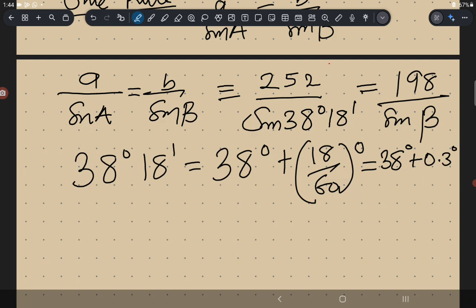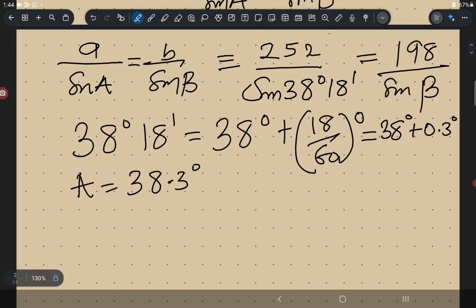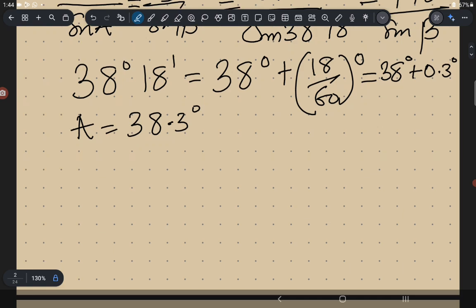So the angle A, which we are using, will now give us 38.3 degrees.